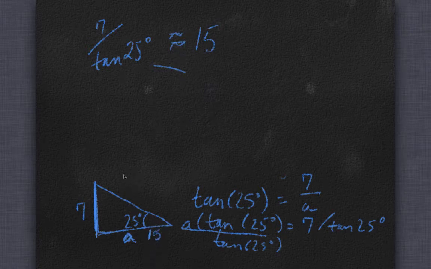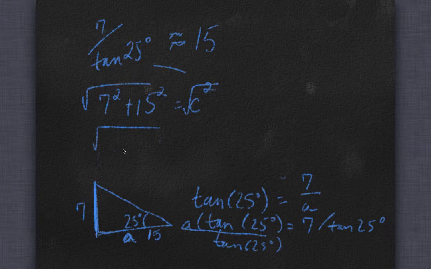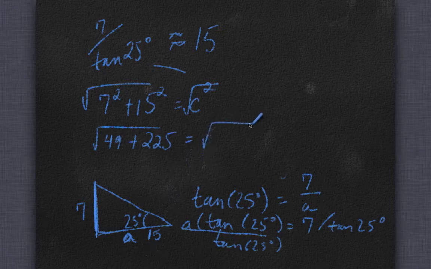So then to solve for the hypotenuse, if I want to solve for the entire triangle, I would just say 7 squared plus 15 squared equals c squared. So I'm always going to end up taking the root. So the square root of 49 plus 225, which is the square root of 274.